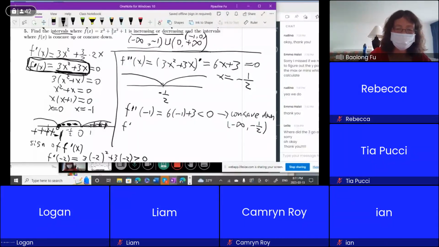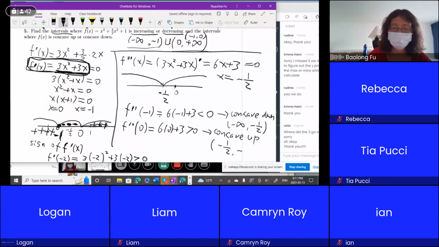Then we check the second derivative in this interval. Let's take a number, maybe 0 is here. So 6 times 0 plus 3, positive number. When the second derivative is positive, it is concave up, where it's from -1/2 to positive infinity, concave up.